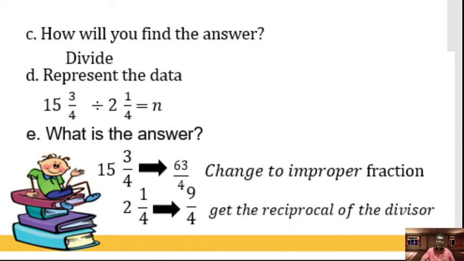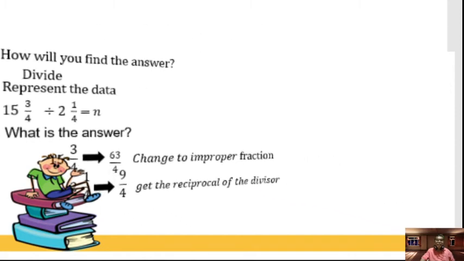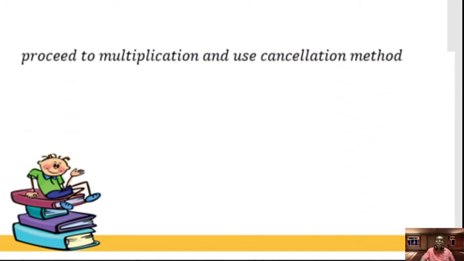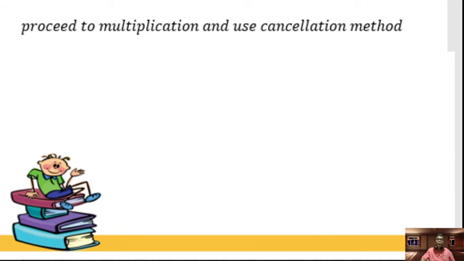And then get the reciprocal of the divisor. And the reciprocal is 4/9. So, proceed to multiplication and then use the cancellation method.